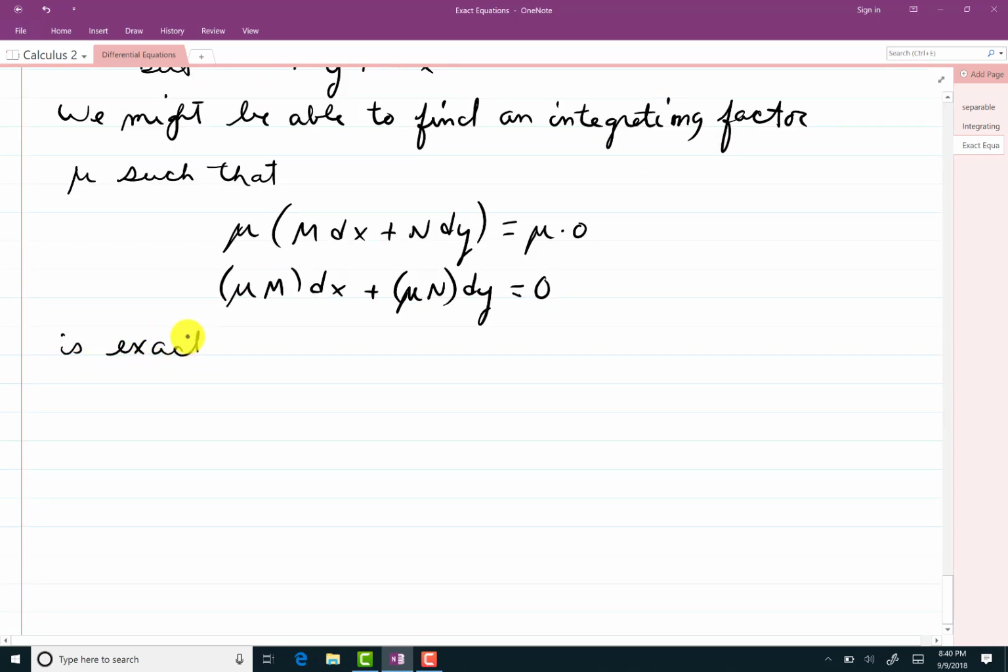So I'm looking for an integrating factor to make this exact. And mu is probably going to be a function involving x, y also.